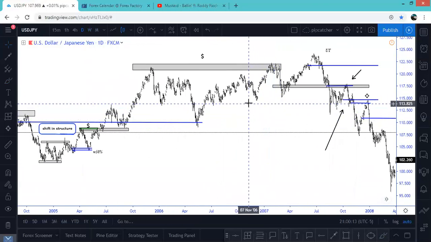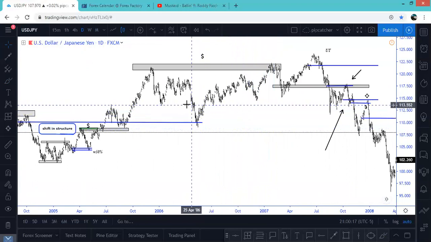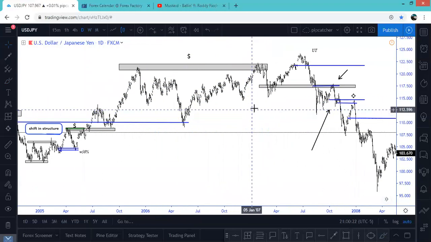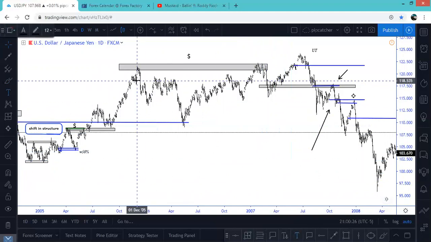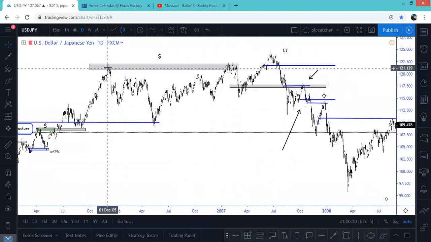So cool, here's a little Wyckoff scenario right here. Look, in this area you have these equal highs.